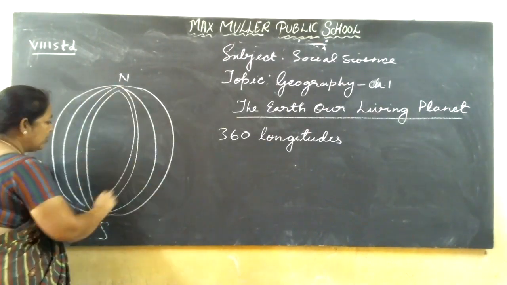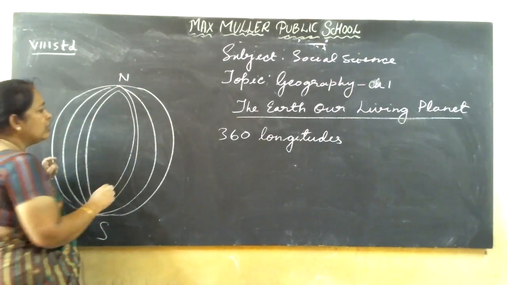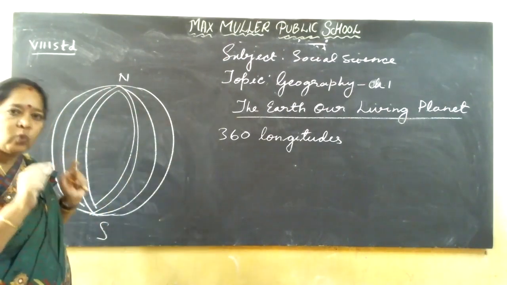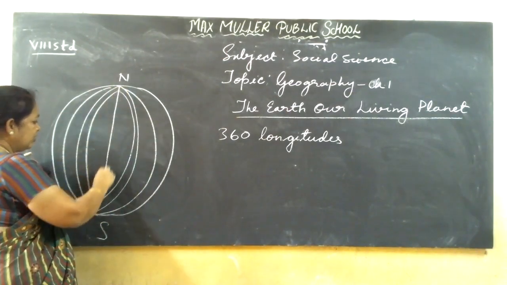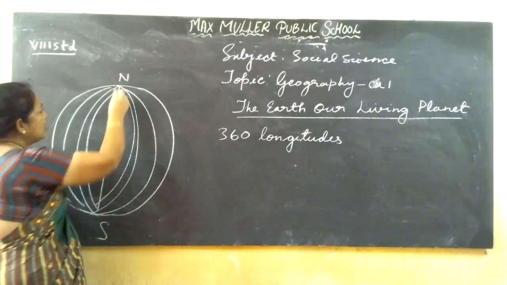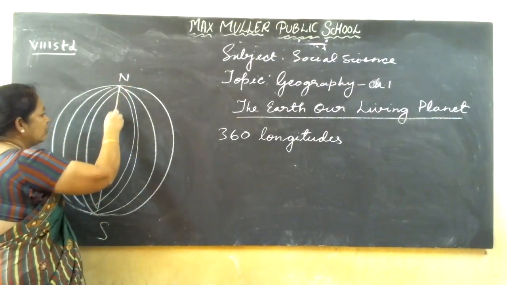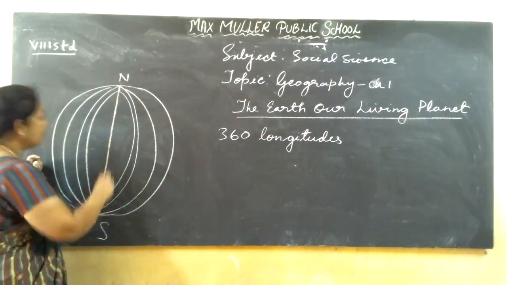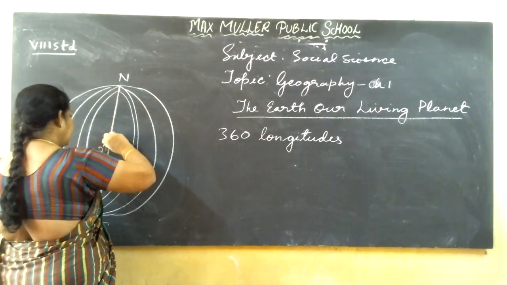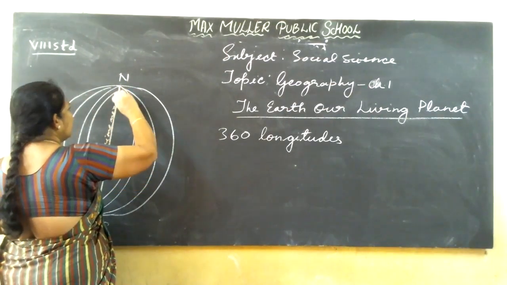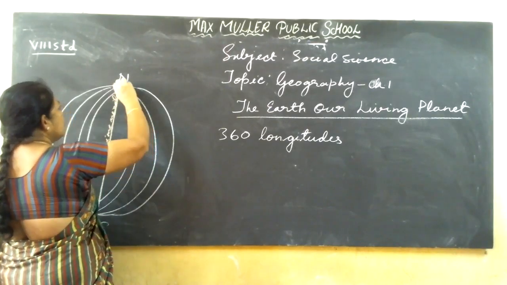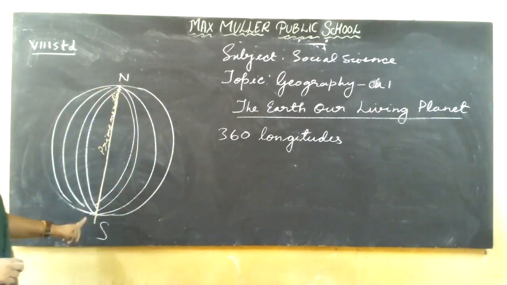And the middle one, the mid longitude, is known as the prime meridian. What is it called? Prime meridian. That is 0 degree.